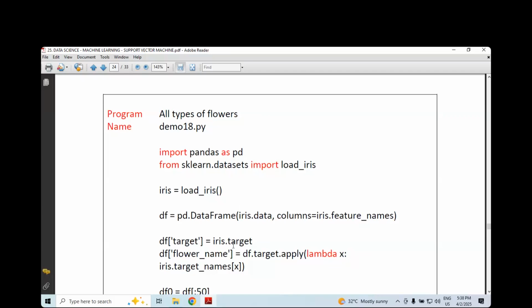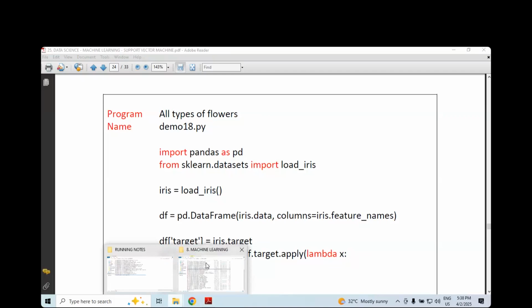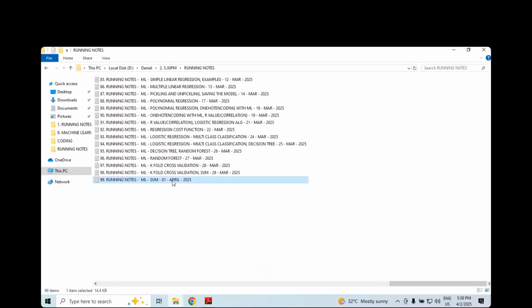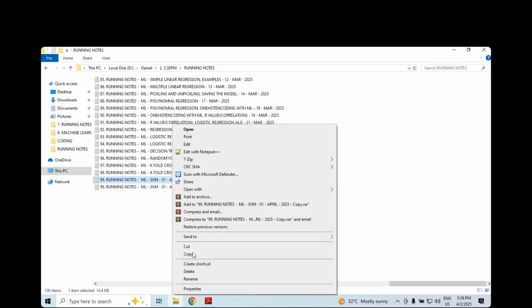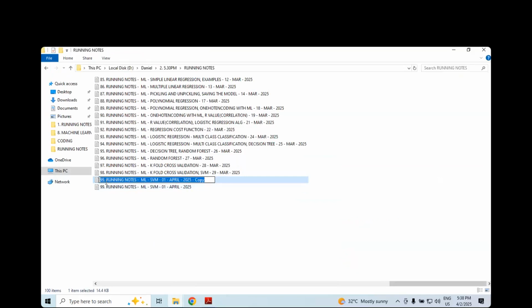Let me just try to move on. Let's prepare running notes for today as usual. SVM is the continuation. Next one will be the gradient descent algorithm. What algorithm, sir? Gradient descent algorithm. And today's date is the 2nd.